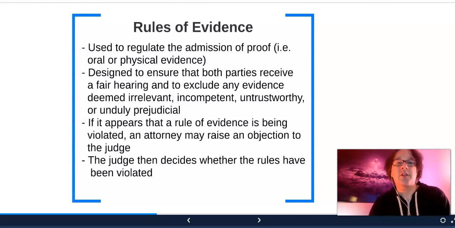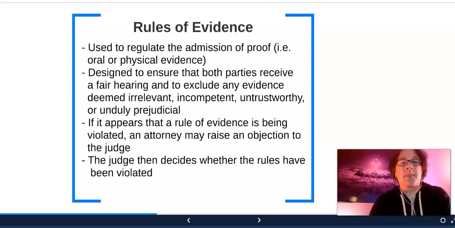Okay, so moving on to rules of evidence. The rules of evidence basically just establish what is and what is not admissible as evidence. So they're used to regulate the admission of proof. This could be either oral evidence, verbal evidence in the form of testimony, or physical evidence, such as DNA or hair samples or a murder weapon or drugs or whatever it might be.